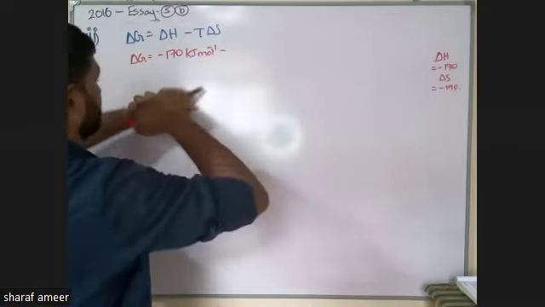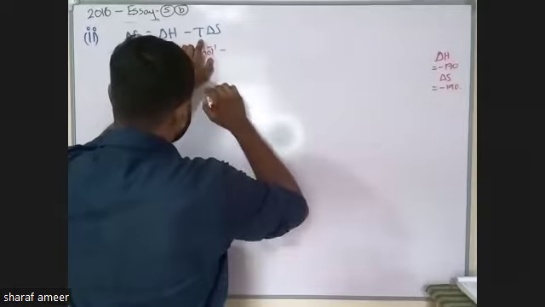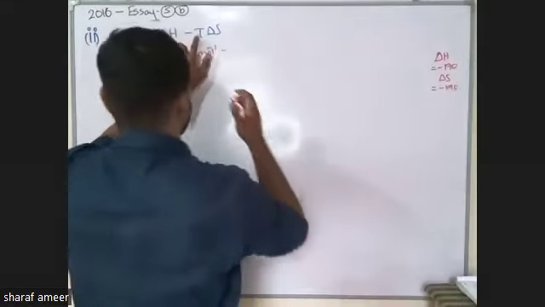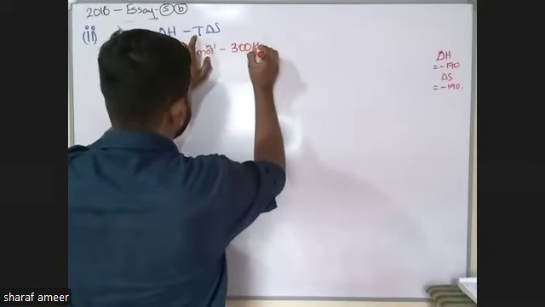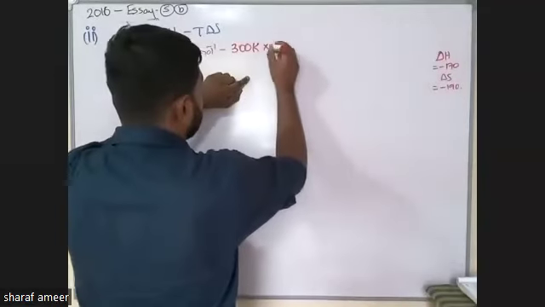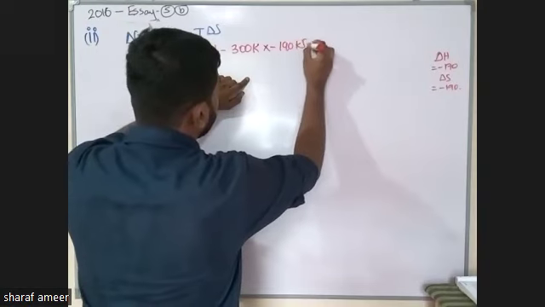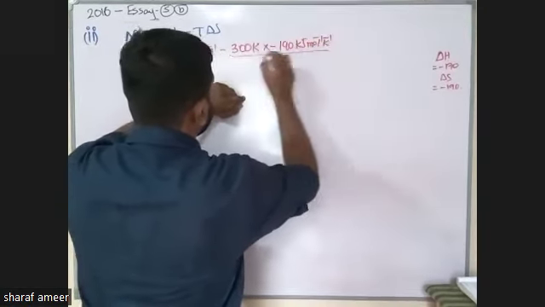Then they are asking for the reaction at 27 degrees Celsius, so 27 degrees Celsius means 300 Kelvin, into delta S, which is minus 190 joule mole minus 1 Kelvin minus 1. So I'm just dividing this one by 1000.